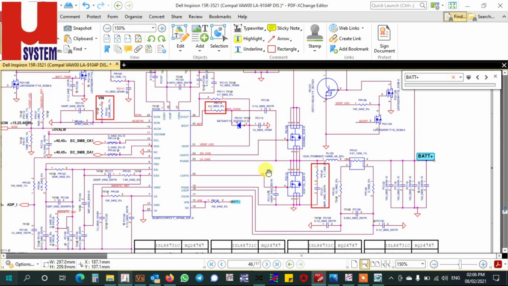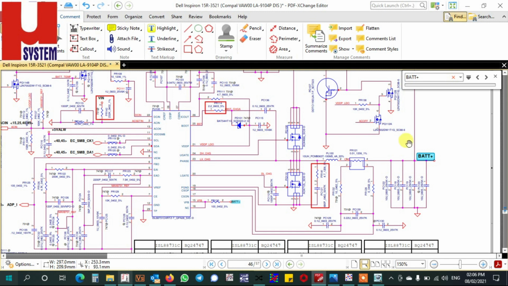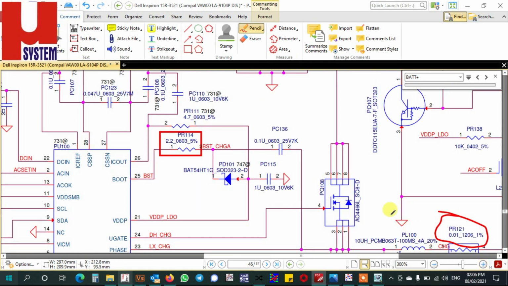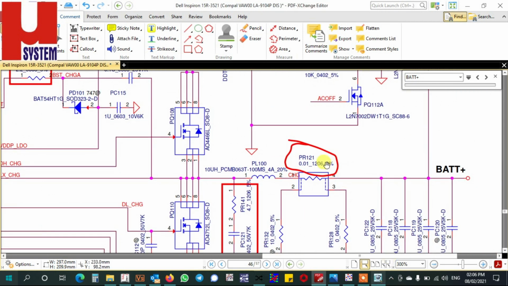It says it's connected with some PR121. Here you can see the PR121. This is a resistor which is connected over here. PR121. I will show you in the picture also.